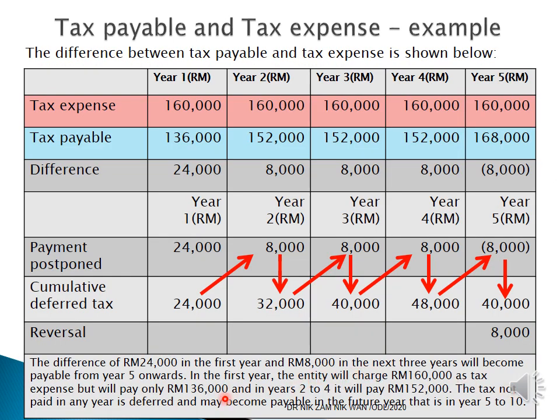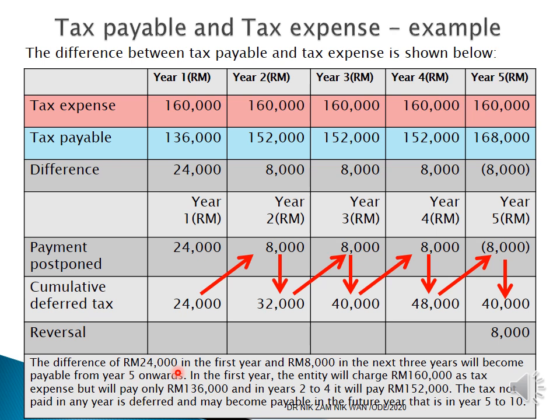So the difference between tax payable and tax expenses is shown below. You can see that the difference arises for year 1, 24,000. For year 2, the difference between tax expenses and tax payable is 8,000. So the difference of 24,000 in the first year and 8,000 in the next 3 years will become payable for year 5 onward.